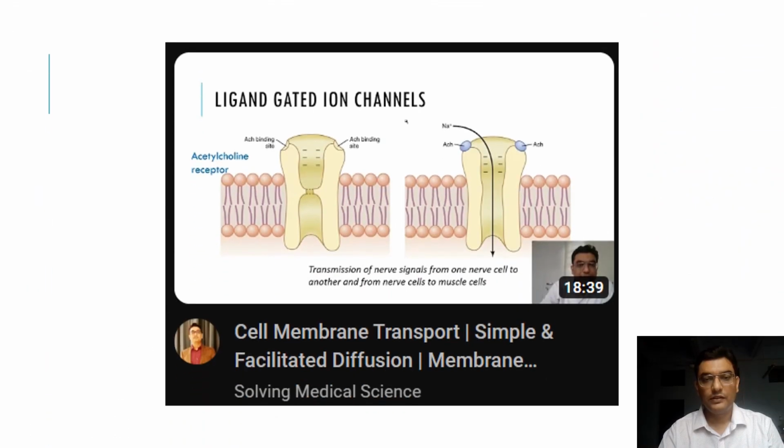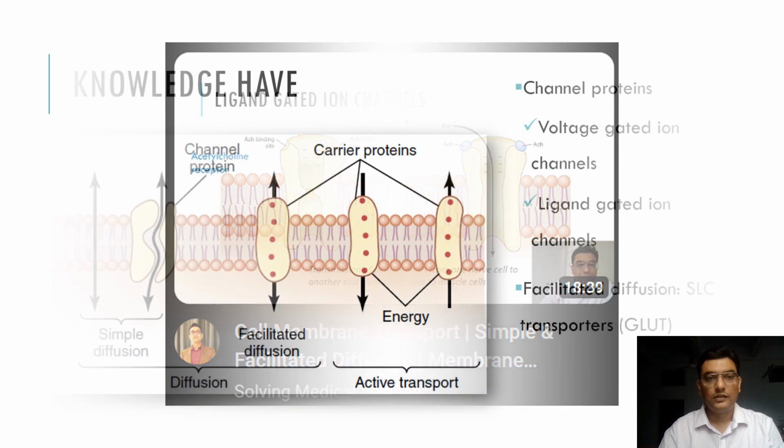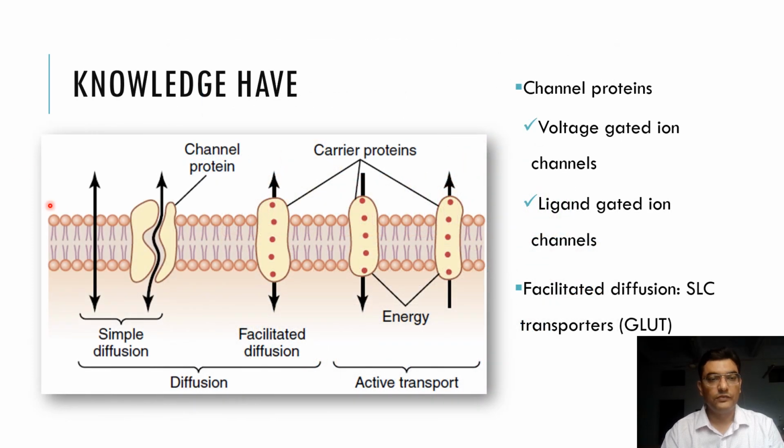So we have already understood the simple and facilitated diffusion in the cell membrane transport in another lecture. We have seen the simple diffusion: lipid soluble molecules move through this lipid bilayer. There are some channel proteins which have river-like channels, these watery spaces all the way through the molecule, which allows free movement of selected ions or molecules, particularly the hydrated ones.